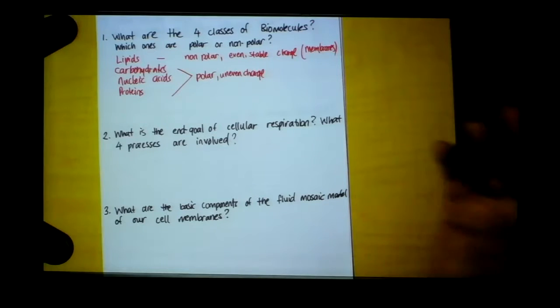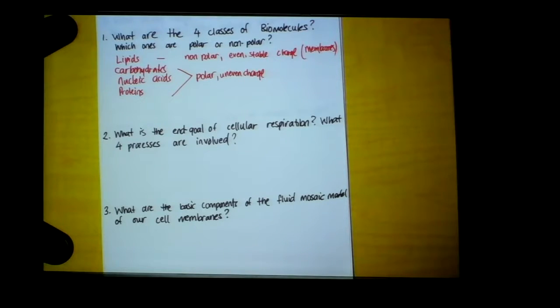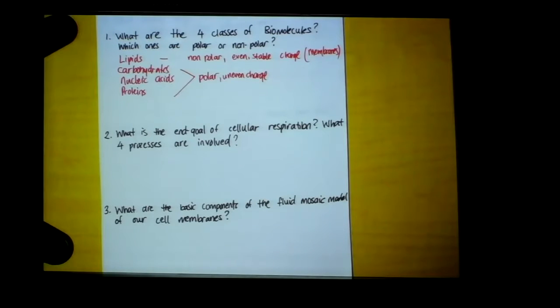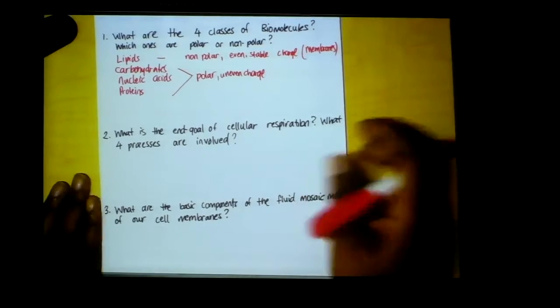What did we have to do before we could make ATP? How did we make that ATP? Right, good. We had to break down a substrate, one of those could be glucose, to harness that energy to then make ATP, which can be used to do cellular work, okay?